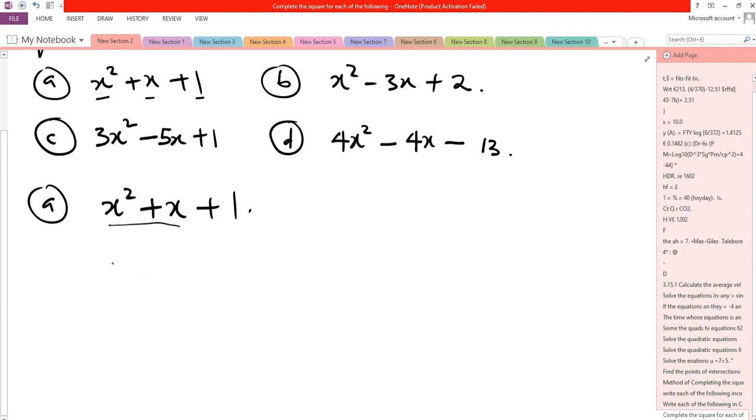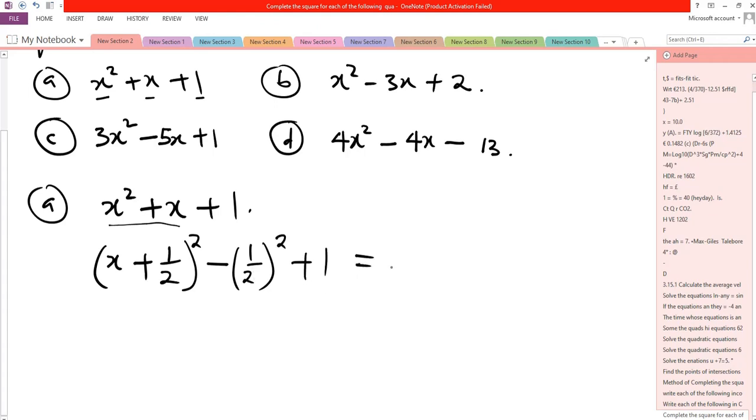For us to do that, you have x, plus half of the coefficient of x, which is 1, so half of it is 1 over 2, all squared. Then minus half of the coefficient of x, 1 over 2, squared, plus 1. So this will give us x plus 1 over 2 squared, minus 1 over 4 plus 1.